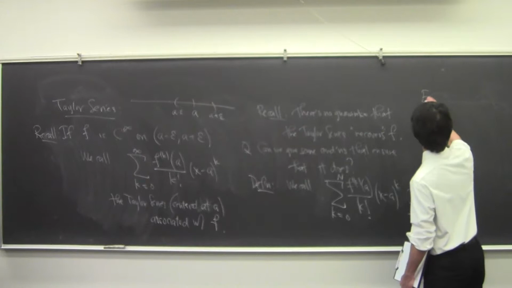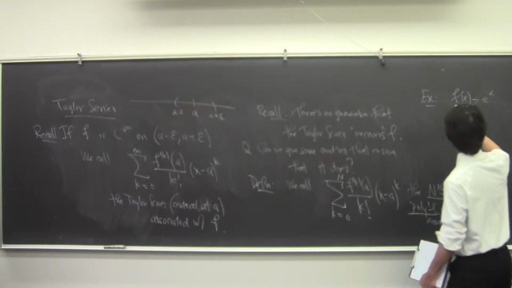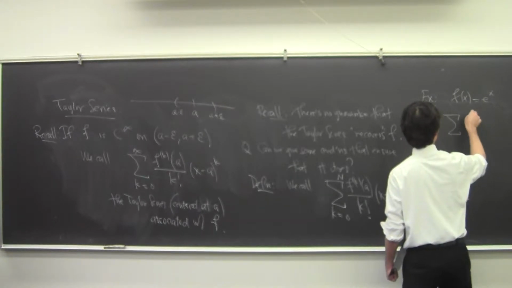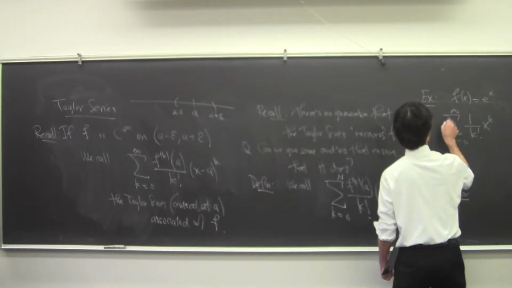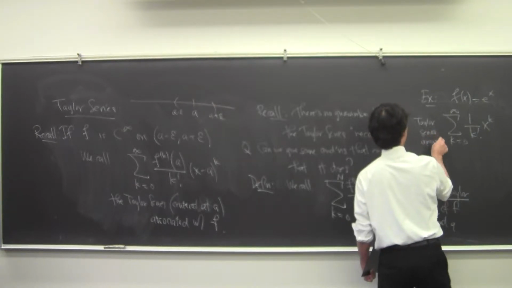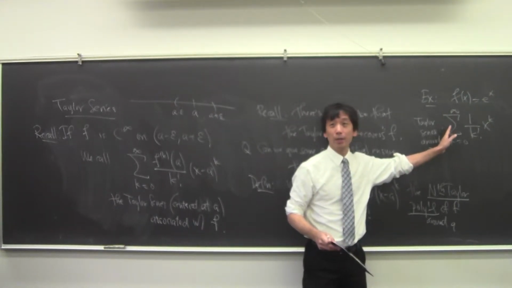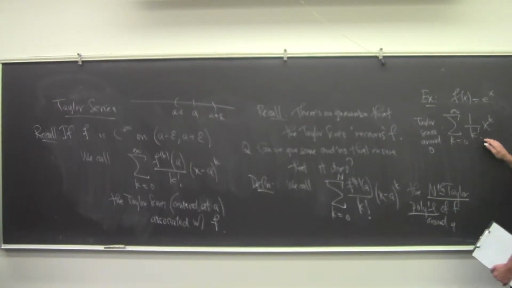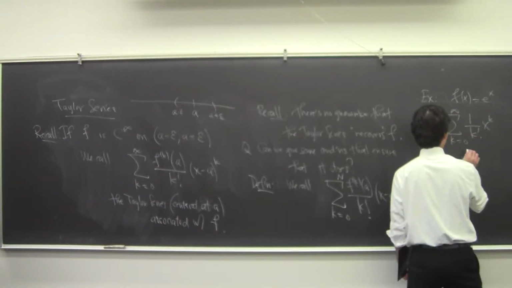Okay, so let's make this concrete. Just keep something in your head: e to the x. If we look at the Taylor series around 0, it turned out to be the sum of 1 over k factorial x to the k. If I'm talking about the nth Taylor polynomial, it means I'm going to go out to the nth power.